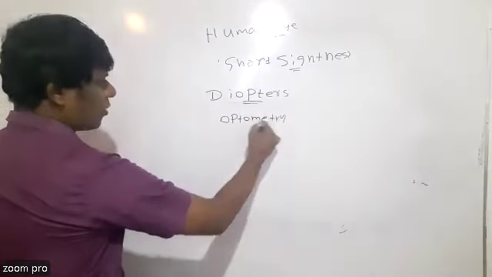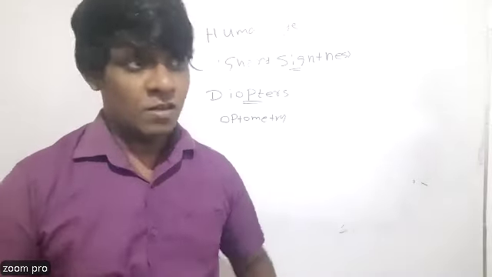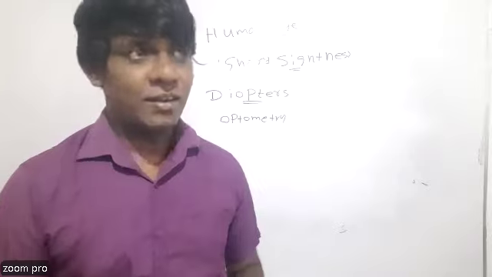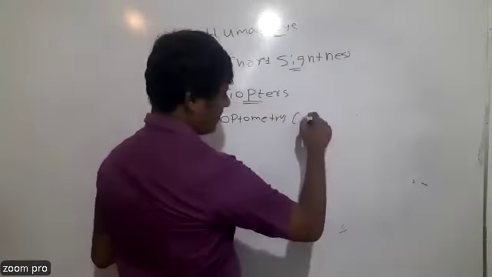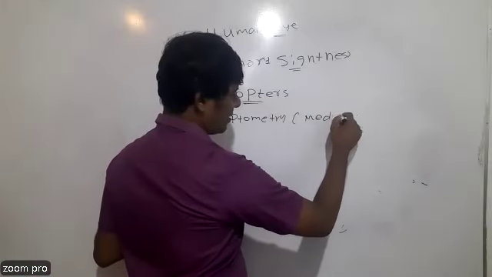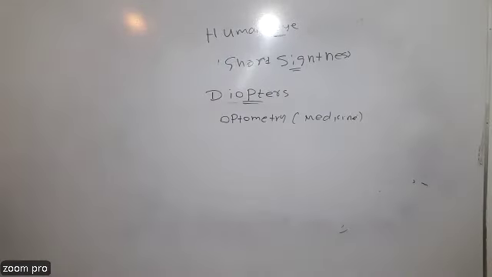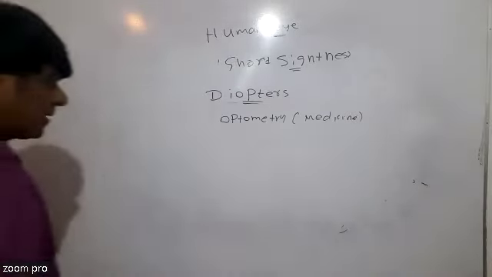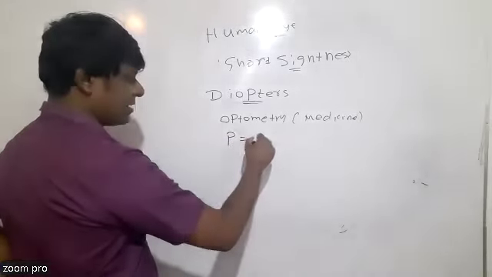What is the meaning of optometry? Eye related medicine. Open a bracket and write medicine. Optometry is diopters.